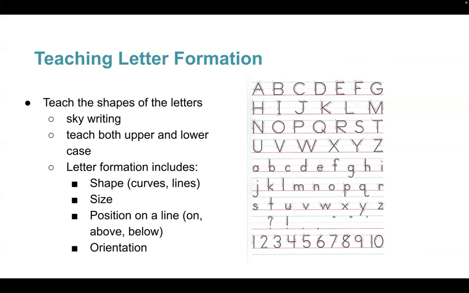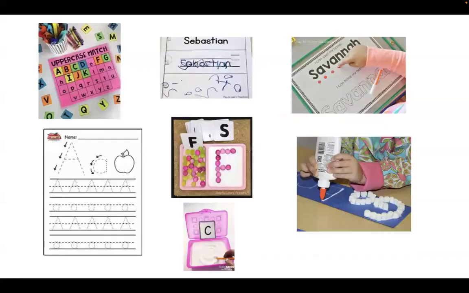You should teach both upper and lowercase formation and recognition, and have them attend to the fact that different letters have different shapes, different types of lines or curves. They are different sizes. They are positioned on a lined piece of paper differently. And just being sure that you are explicitly teaching all of these things.